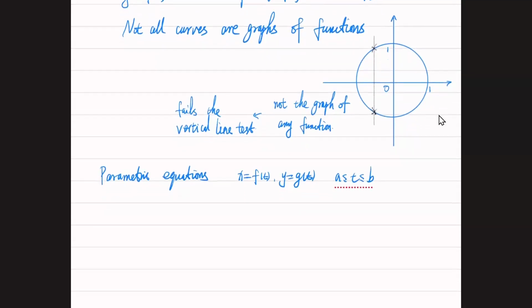As an example, if we study this circle, a parametric equation for it will be as follows.